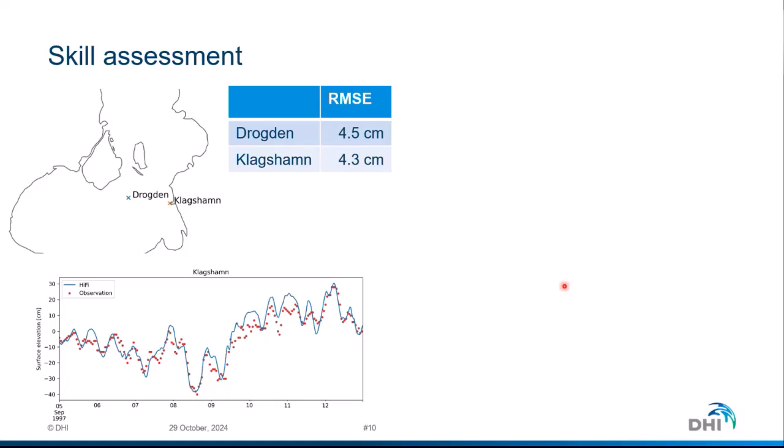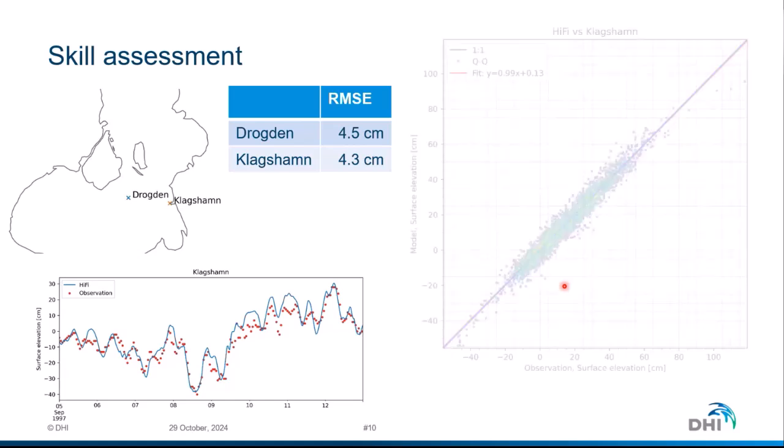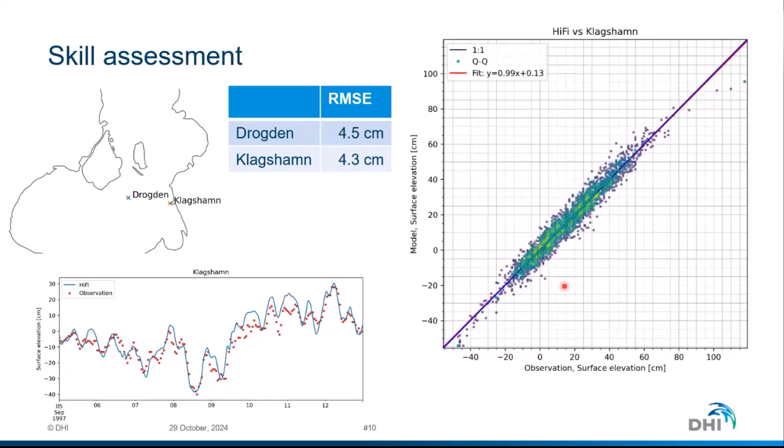It's not super good, but that doesn't really matter so much for the purposes of this presentation. The root mean square error compared to measurements is around 4.5 centimeters for these two stations when you compare to the original model. And the scatter plot looks like this.